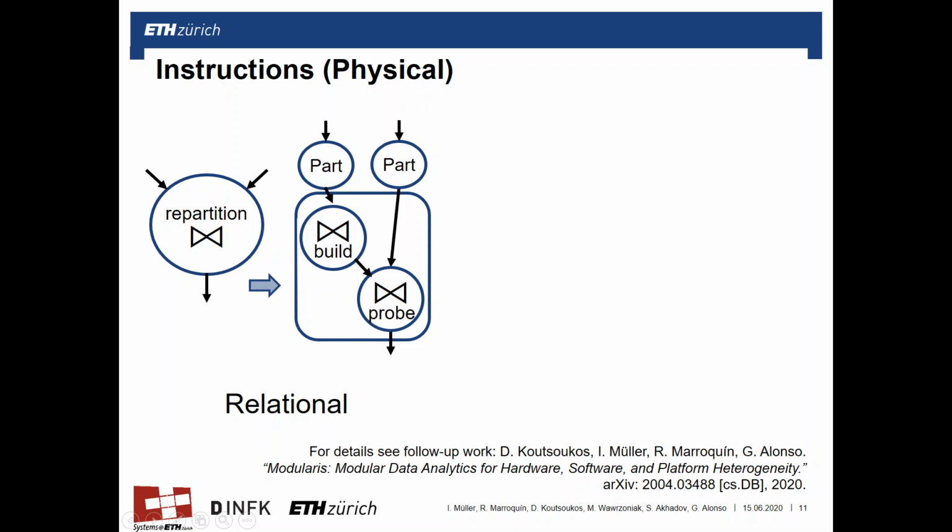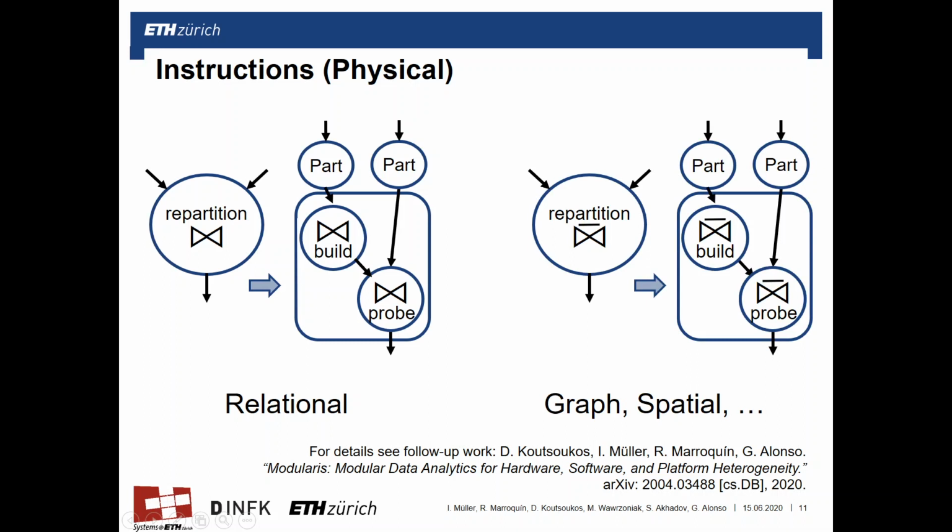The benefit of doing something like this is that if we have a similar join that is application-specific, for example, for graph or spatial joins, then we can reuse a large part of the components. In this example, the partitioning and the joint execution on partition pairs.